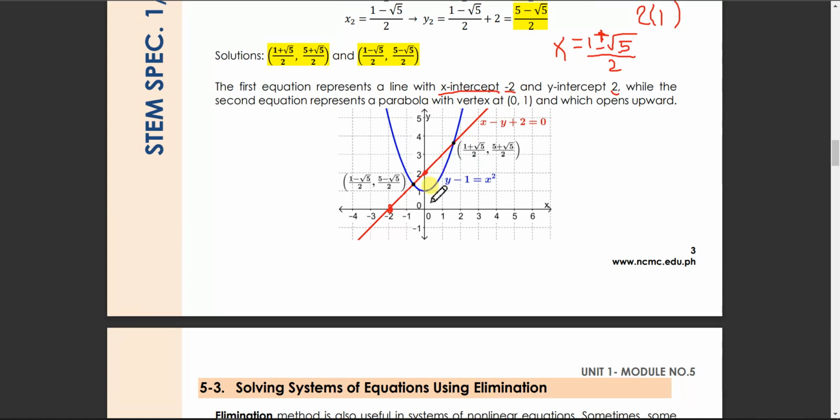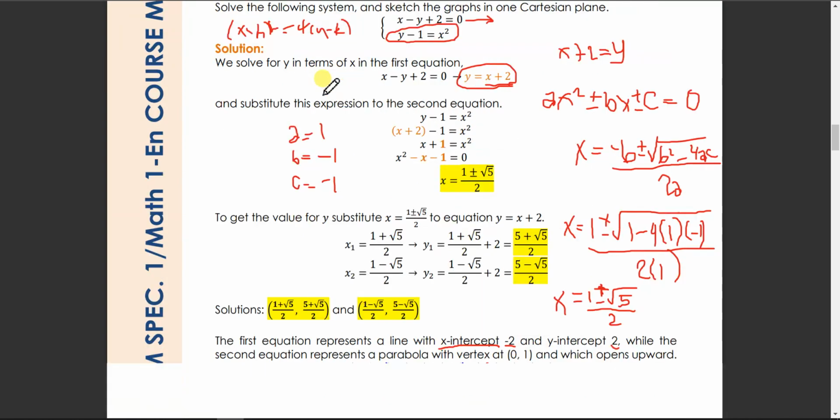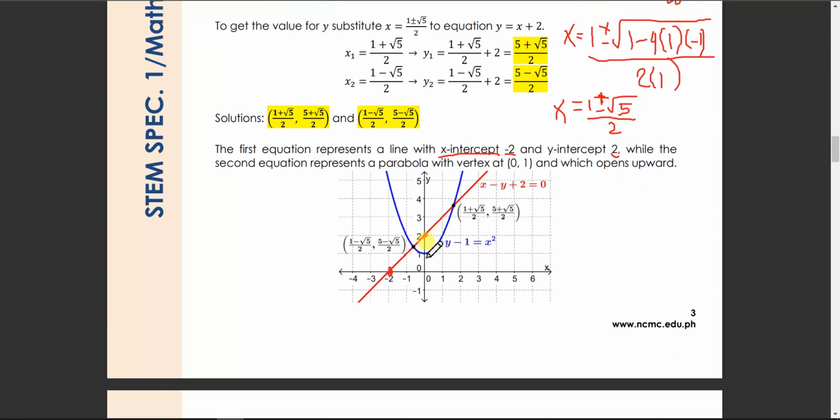So we have a parabola with vertex located at 0 and positive 1. Diba? One yung vertex katong, remember, x minus h squared is equal to 4 times y minus k katong ato. So when you plot that, so we have this, dayon duha ka points ang kung aha sila nag-intersect, di ba?